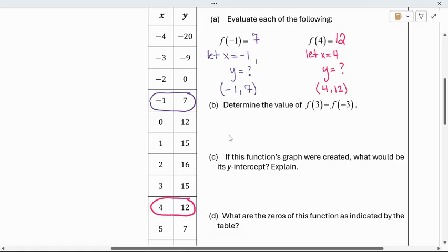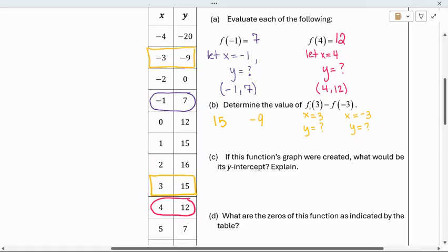So question B says determine the value of f of 3 minus f of -3. So I have to find out what's happening when x equals 3, and I have to find out what's happening when x equals -3. And I need to find the y values for those. So when x is positive 3, y is 15. When x is -3, y is -9.